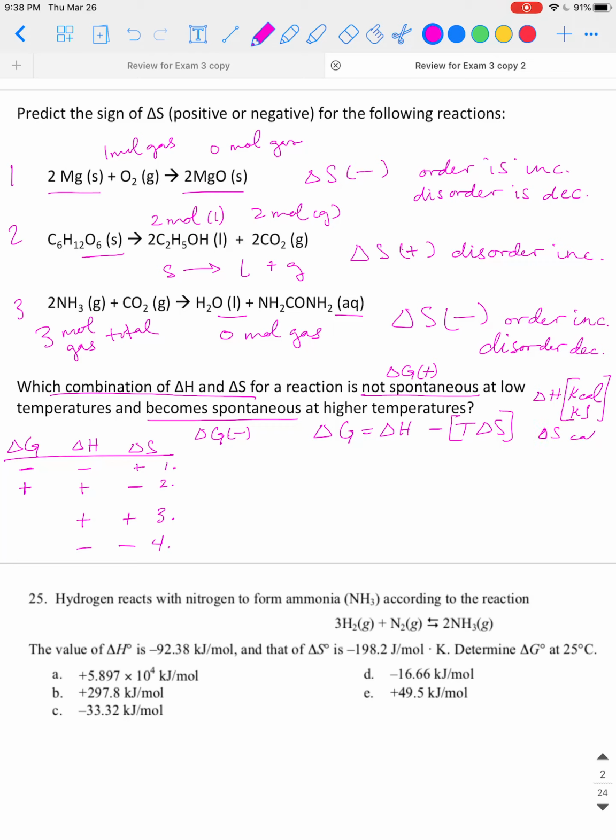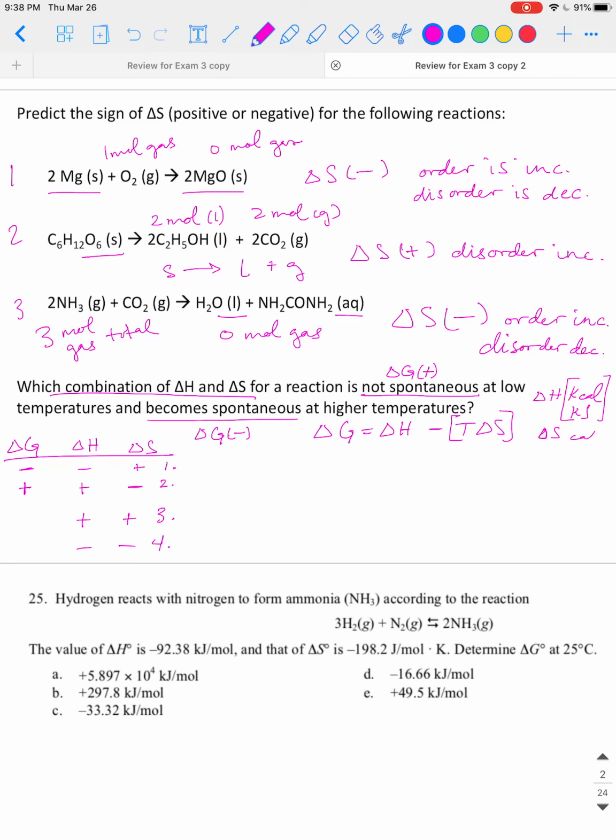So what I'm going to do here is just plug in some random numbers that I make up, and see what our delta G comes out to be. I'm going to make my delta H bigger since it's normally way bigger than delta S. So for example, let's plug in 10 for delta H. Don't worry about units right now. We're just looking at what happens when we change temperature. For temperature, I'm just going to plug in a 1. You can never have a negative temperature, so I'm going to plug in a positive 1.